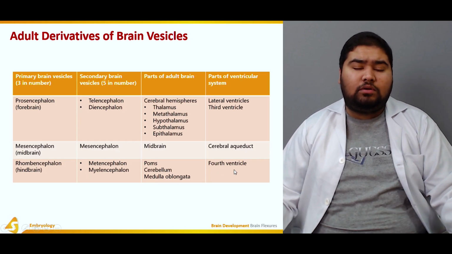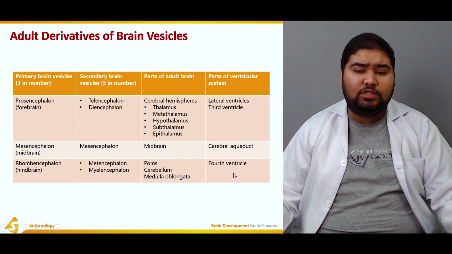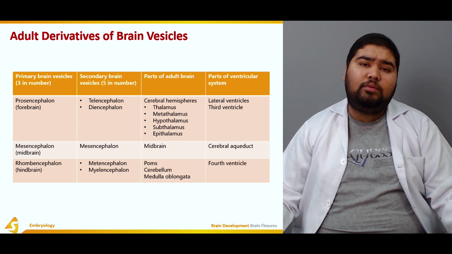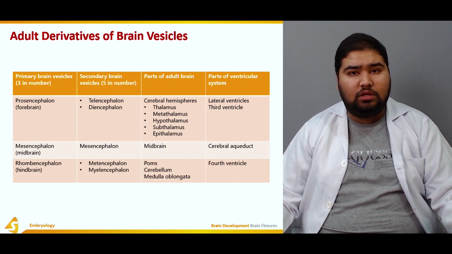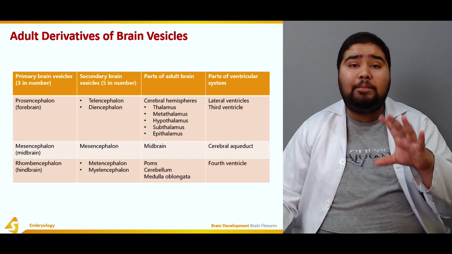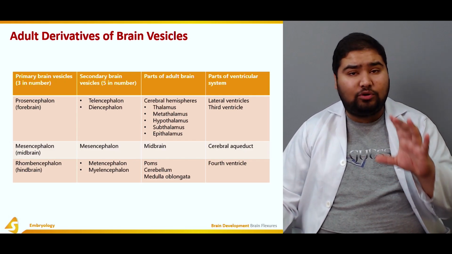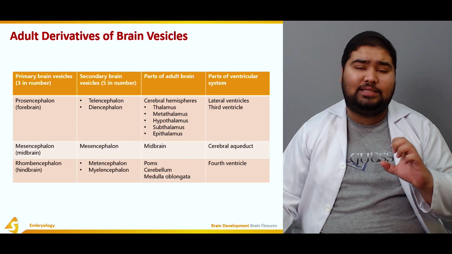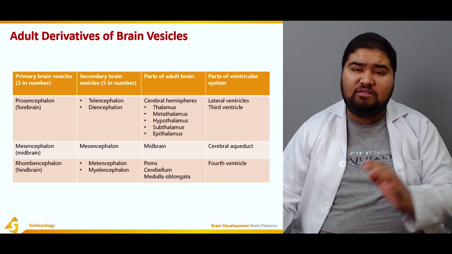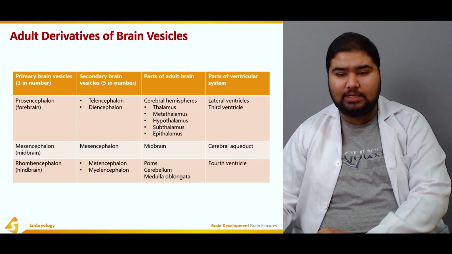And the part of the ventricular system which is formed by this rhombencephalon is the fourth ventricle. This is an important slide, an important table, as it summarizes the development of the brain. It can be very helpful if you memorize it.